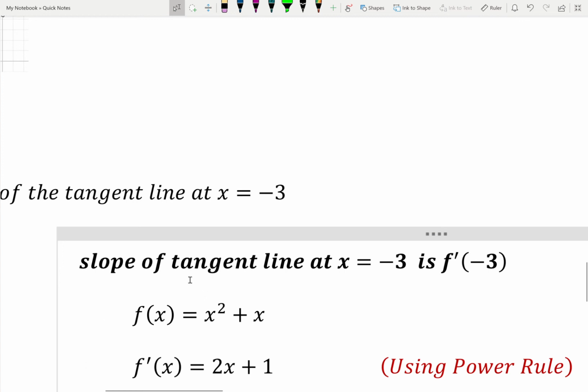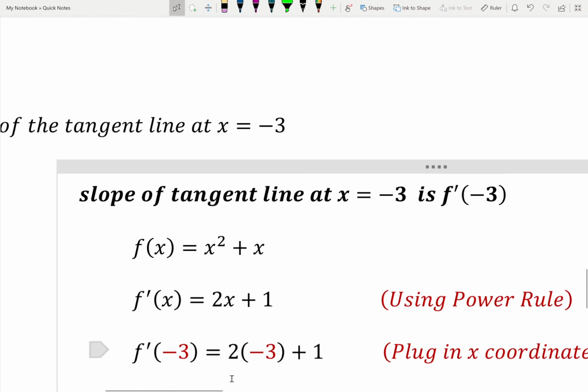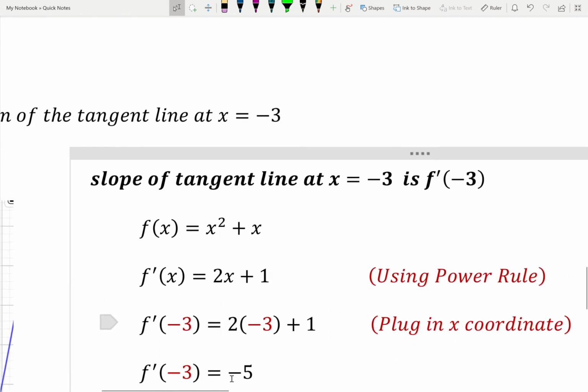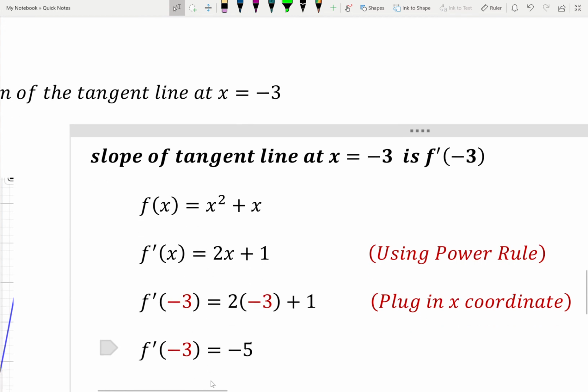So the slope of the tangent along the curve is given by this formula. But we want to know the slope at a certain point, which is minus 3. So I'm going to plug minus 3 into this function. If I plug in minus 3, I get 2 times minus 3 plus 1, and of course that equals minus 5. So now we know the slope of that tangent line.